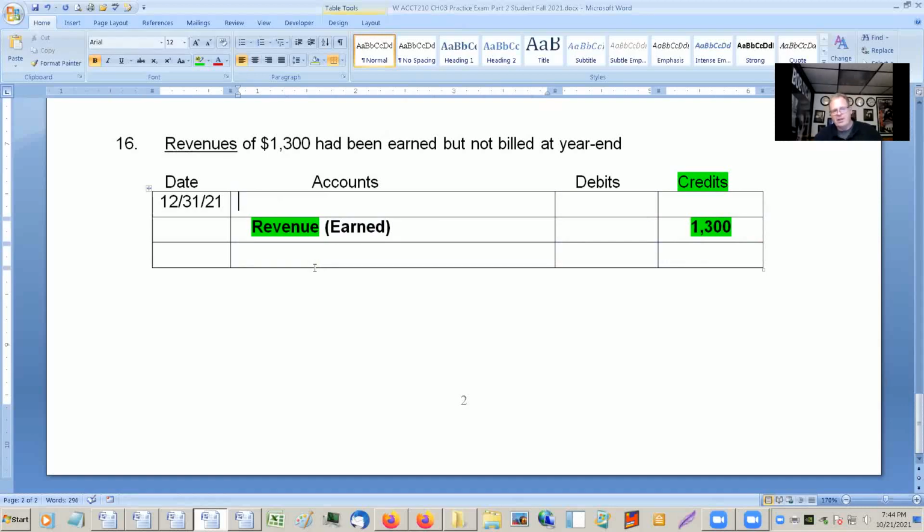Okay, now the question is, what goes on the other side? So we've earned the money. We haven't sent out the bill yet, but somebody owes us money. What kind of account do we use if somebody owes us money? Receivable. Yep. It's the accounts receivable.